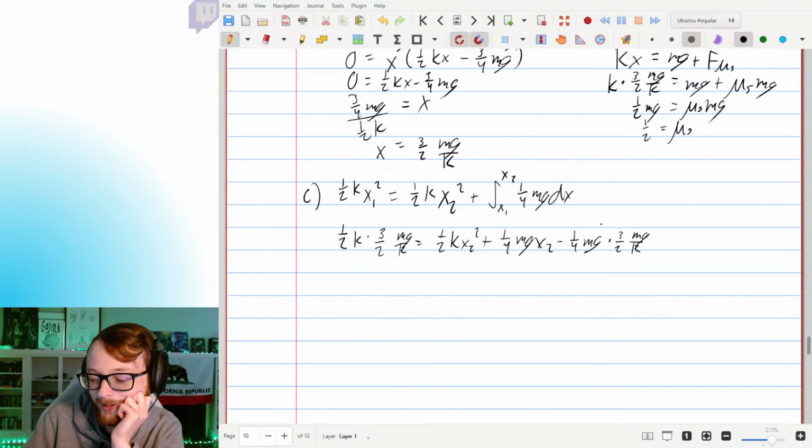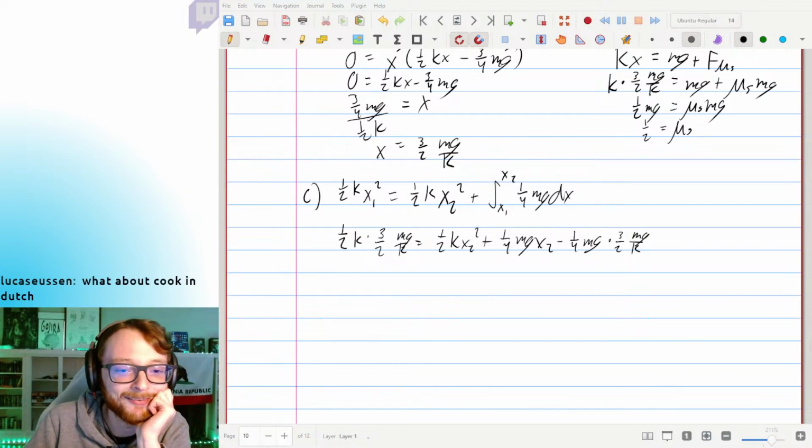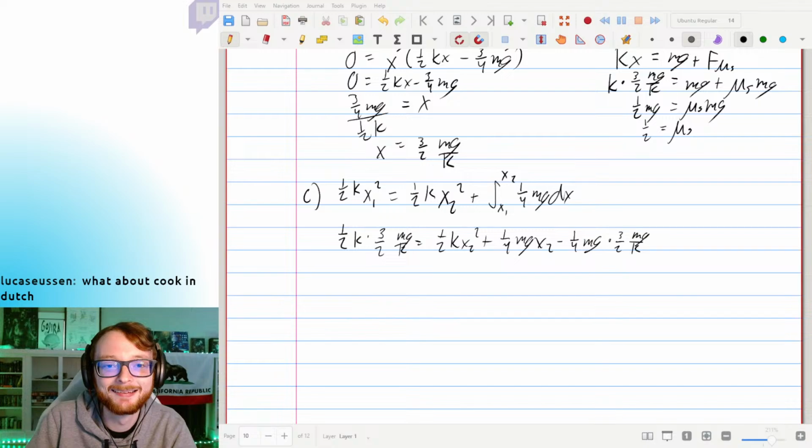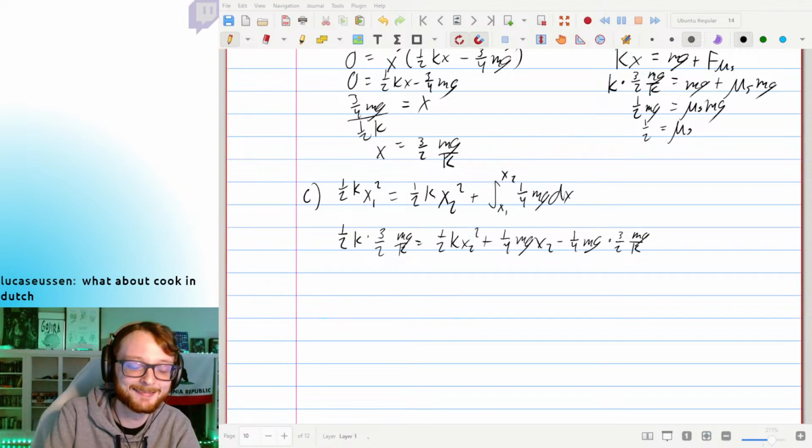What about cook in Dutch? Does it sound like a funny word?